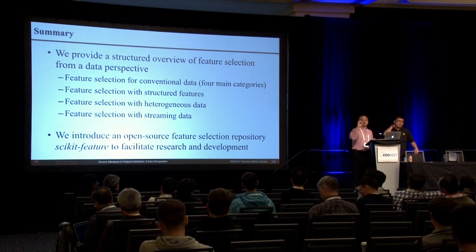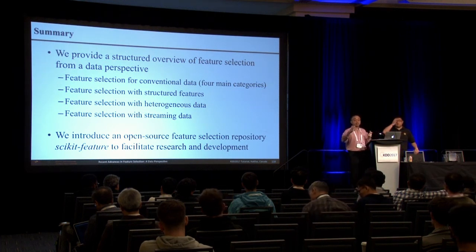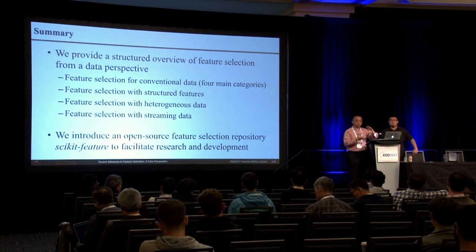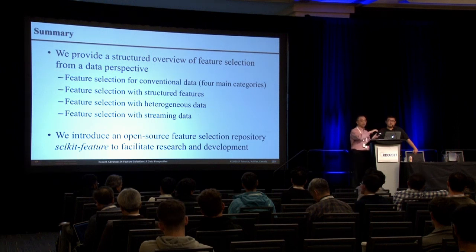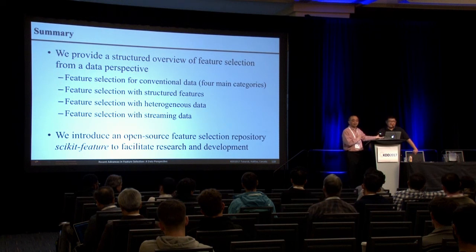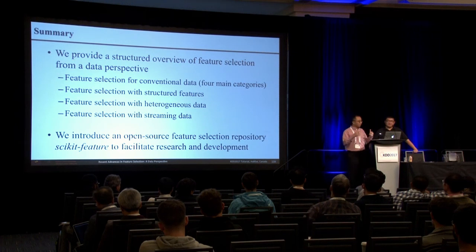And so for today, Jiliang and I talk about the traditional ones for the first half of the tutorial. And Jundong talks about the second half. It's all about the new stuff. That's why Jiliang said that he belongs to the 5th generation. But it makes me look very, very old.